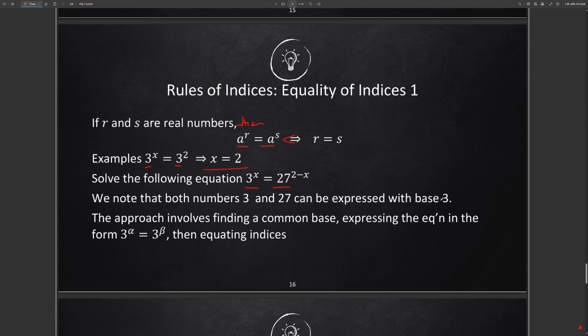So this can be expressed at base 3. So 3 cubed is 27, 3 by 3 is 9, 9 by 3 is 27. So I can rewrite this as 3 to the power of x is equal to 3 cubed, all to the power of 2 minus x.